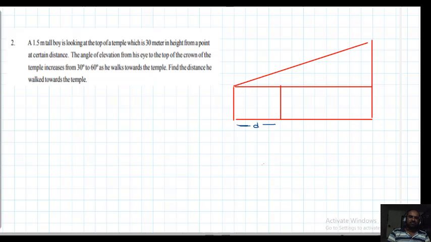This is the vision ray when the person is at this point, this is another vision ray. This is given as 30 degree, this is given as 60 degree. The person's height is 1.8, so this is also 1.8, this is also 1.8. Total 30. Let this distance be x.